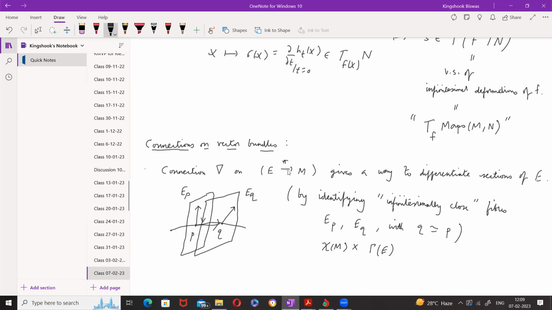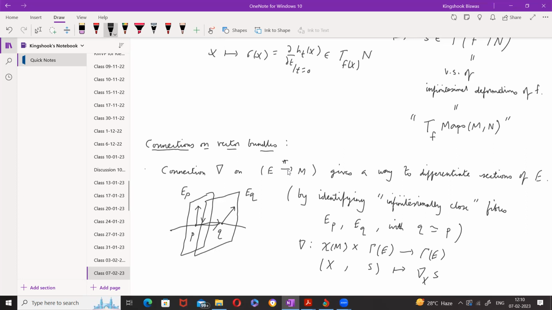Then a connection is going to be a map from chi-M cross gamma E to gamma E: a vector field X together with a section S goes to a new section, which you think of as the directional derivative of S in the direction of X, nabla sub X of S. So it's just going to give us a way of differentiating sections.